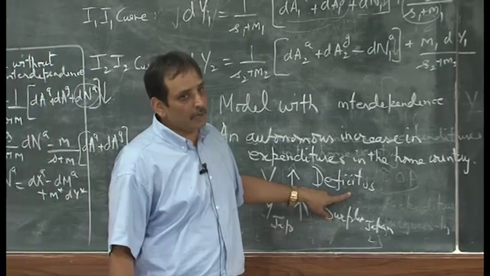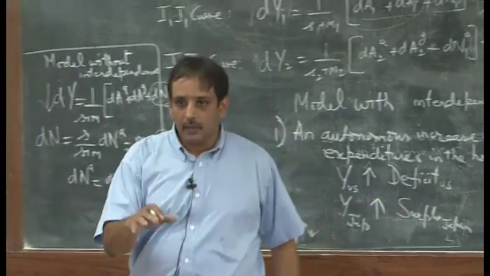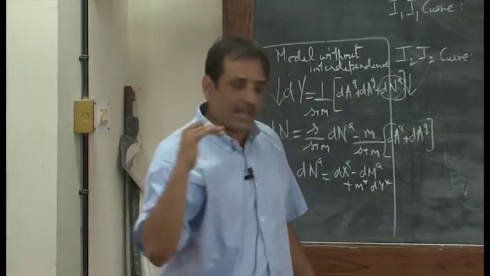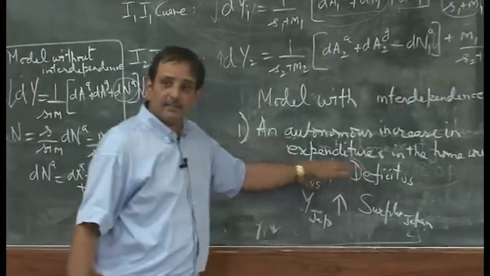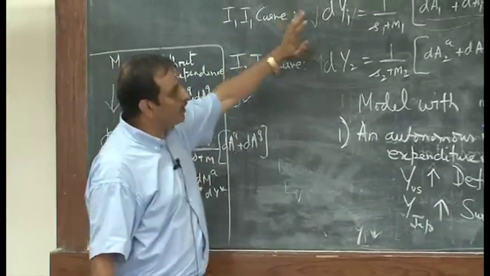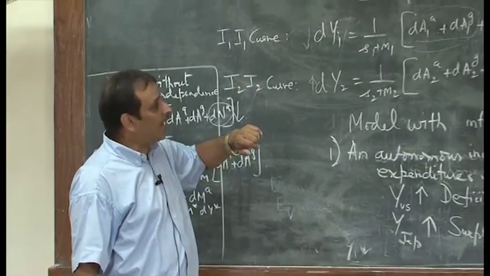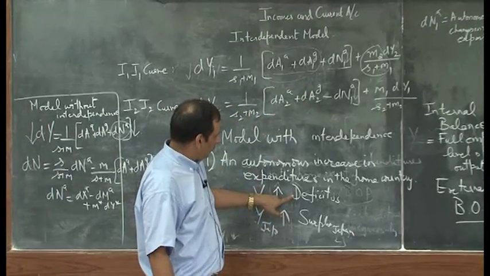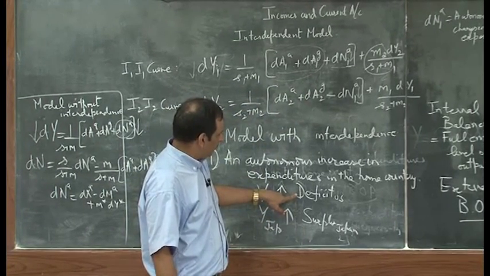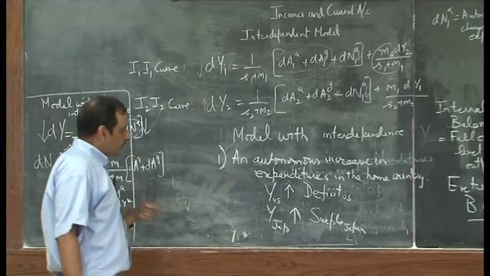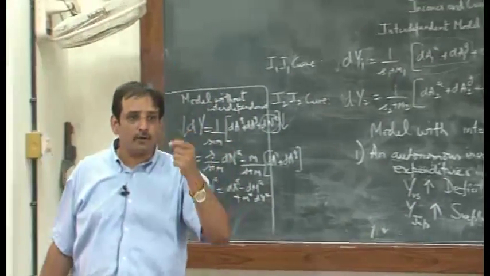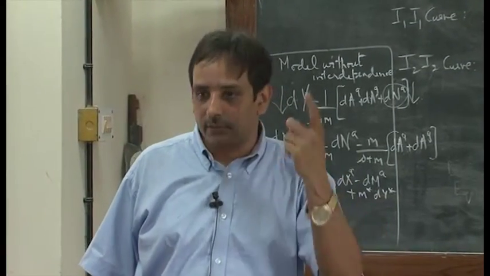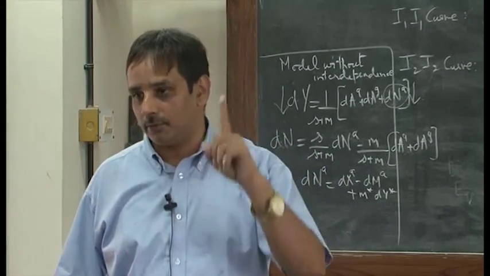He will be able to curb the deficit because he has switched expenditure from foreign to domestic goods, but that has an impact on the incomes, because when he switches his expenditure from foreign to domestic goods, the incomes in the economy go up.